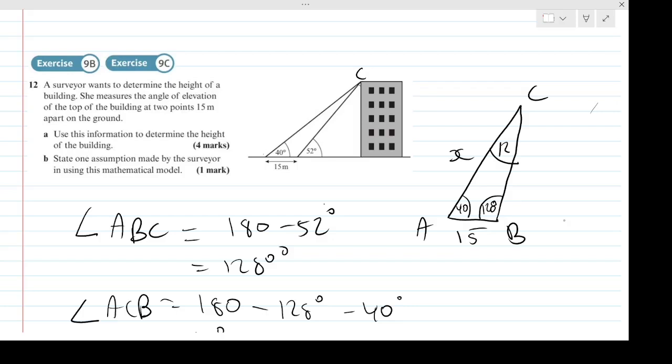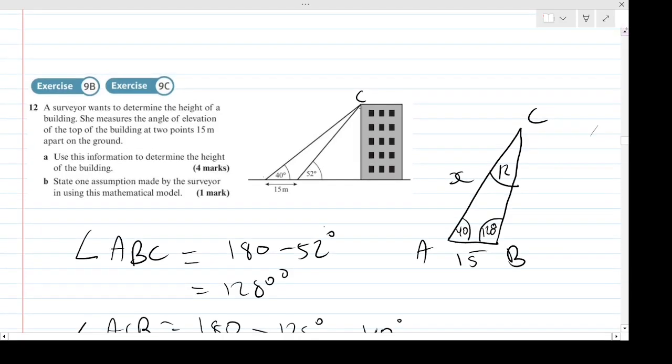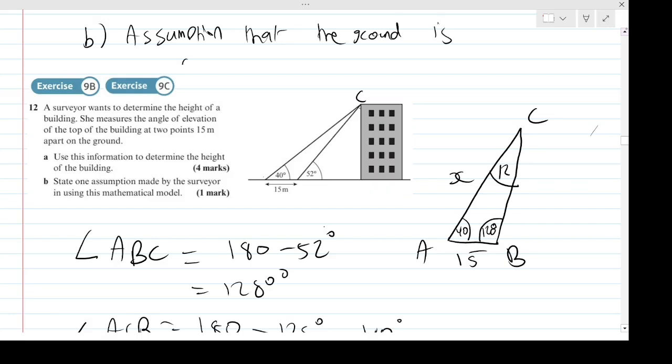So that would probably be the one assumption, that the ground is flat. So I'll do that up here. Assumption: the ground level or the ground is completely horizontal.